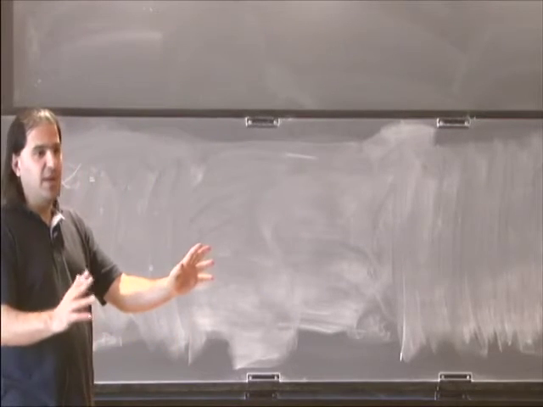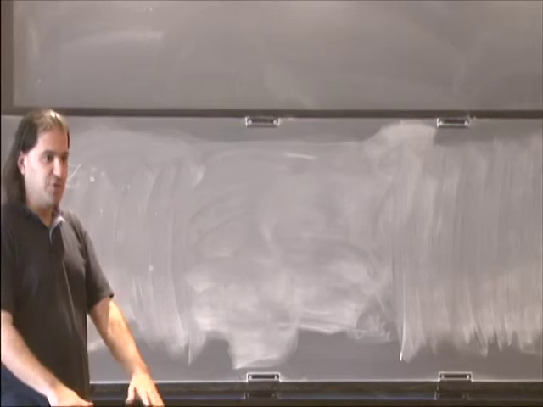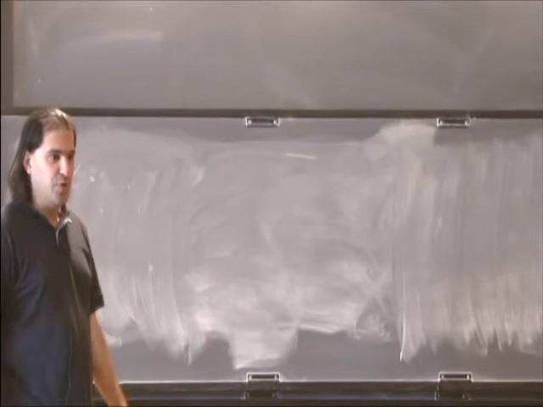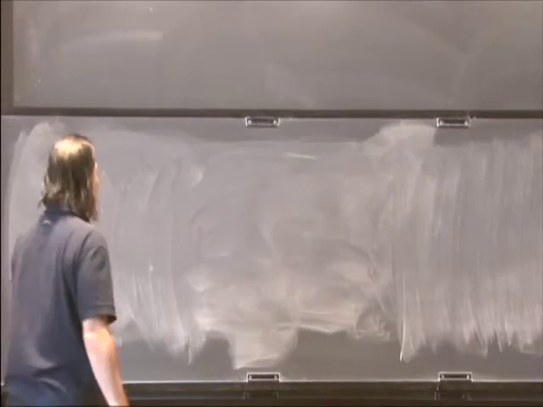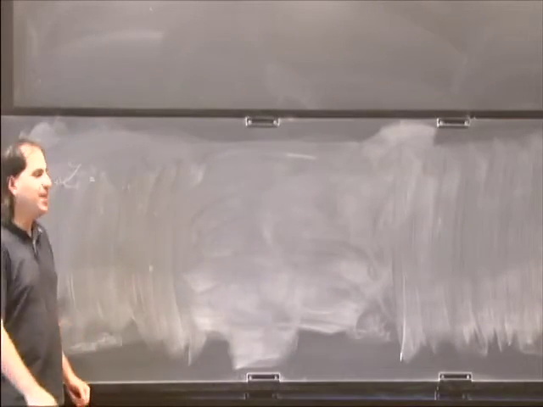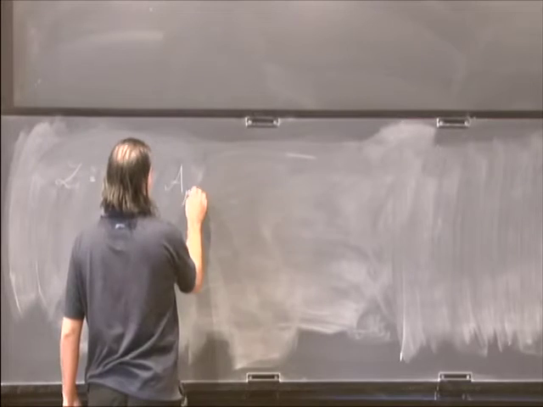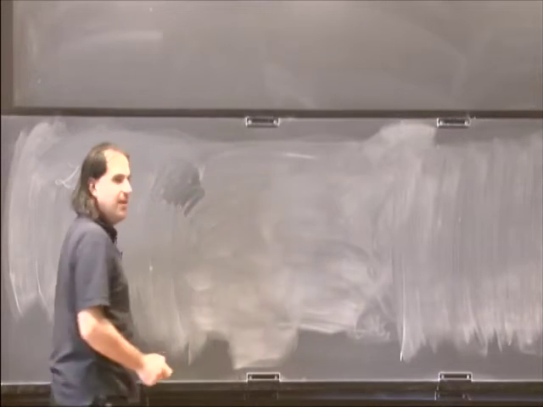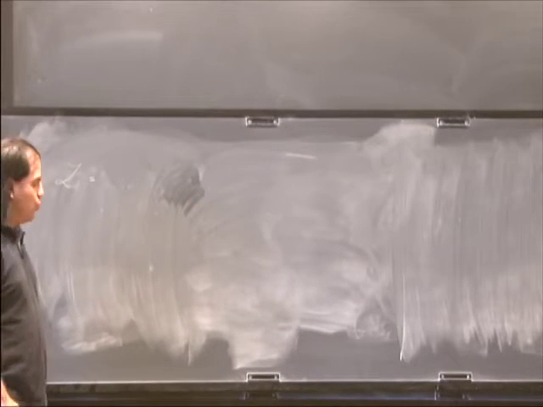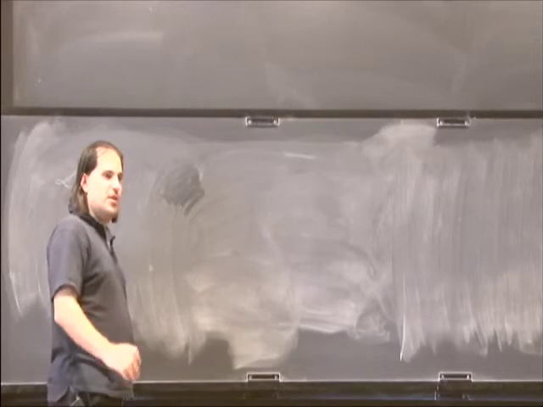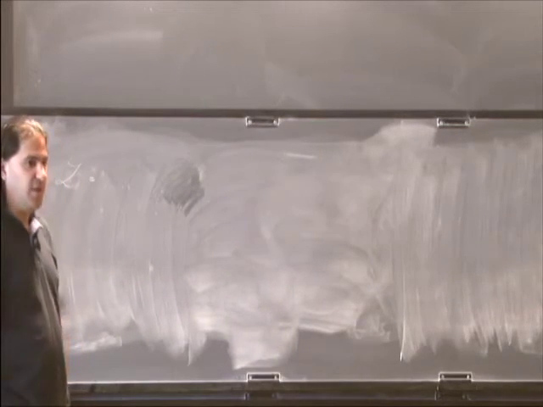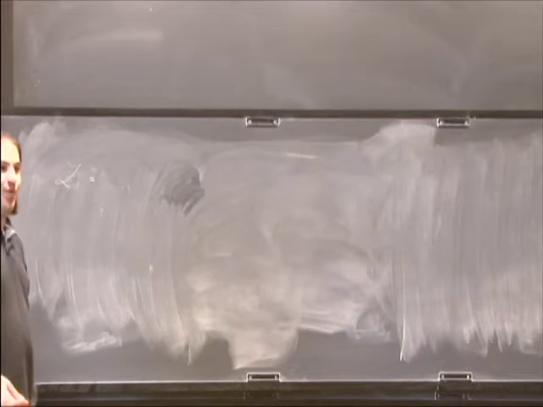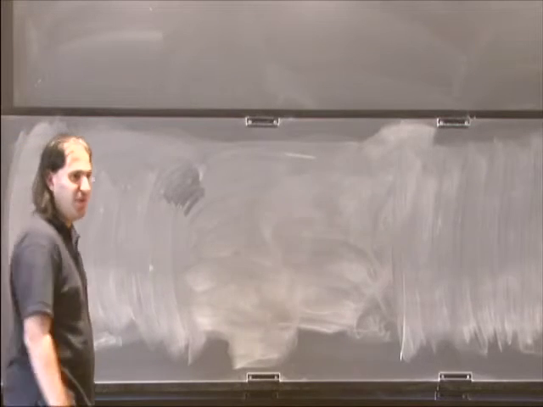You take that theory in 10 dimensions and dimensionally reduce to 4 dimensions, and that's the N equals 4 super Yang-Mills theory. By hand, you just require the fields not to have any dependence on the other coordinates other than the first 4. That immediately gives you the particle content of the theory.